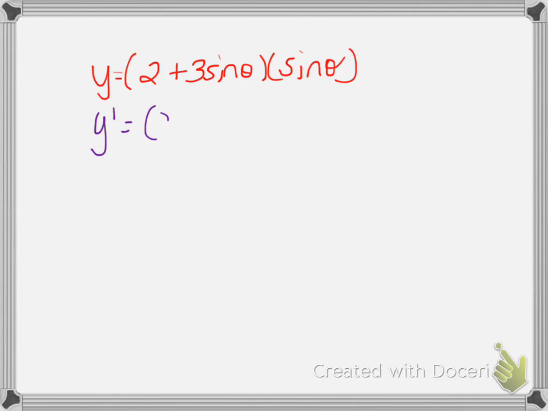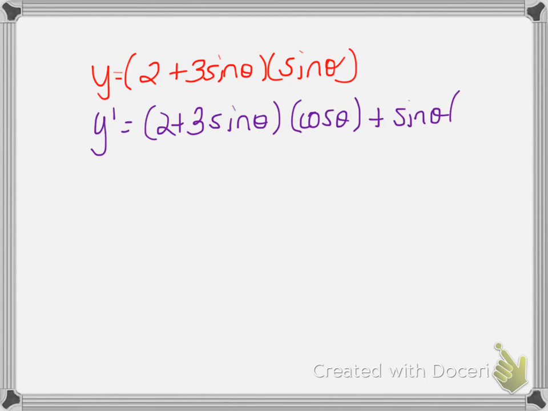Alright, let's do the y coordinate of the derivative. We already figured out that y was 2 plus 3 sine of theta times sine of theta. So the derivative, I'm going to do the first times the derivative of the second plus the second times the derivative of the first.